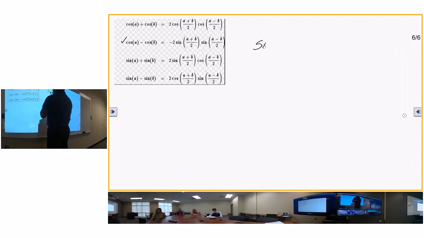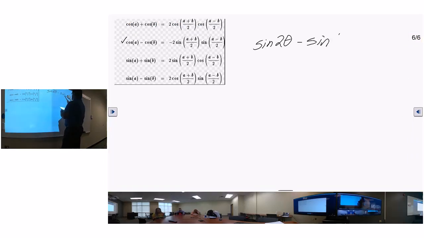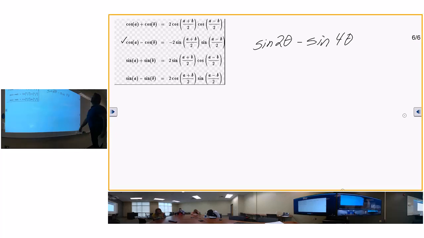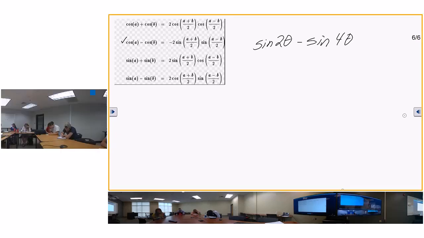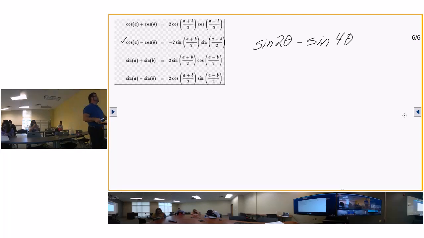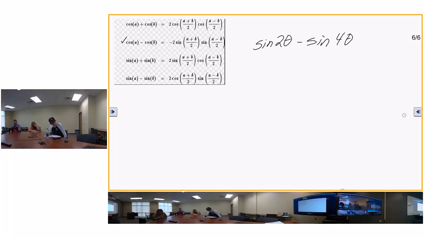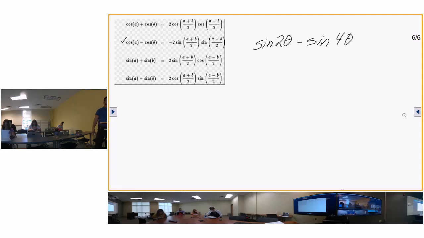Sine of 2 theta minus the sine of 4 theta. Plug and chug. Now I'll give y'all a hint.